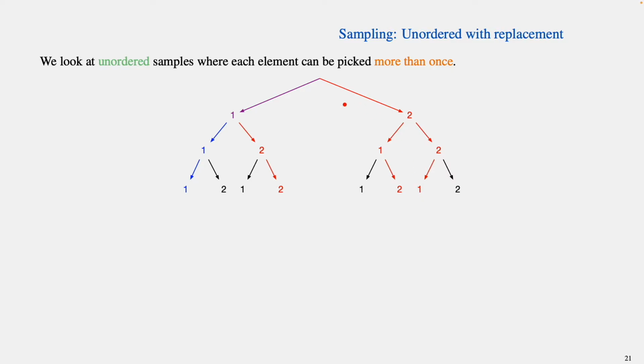But because we're not looking at the order, all the red ones here are actually to be considered equivalent. So it doesn't matter if we have 2, 2, 1, or 2, 1, 2, or 1, 2, 2. All the red options here should be counted as only one possibility.